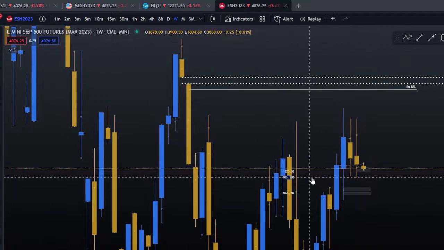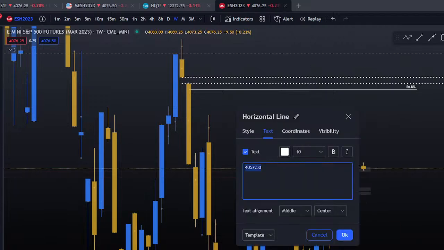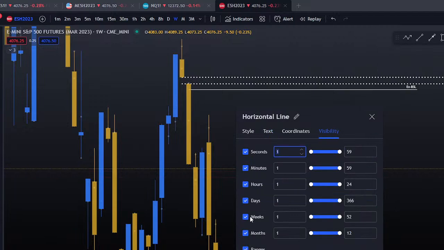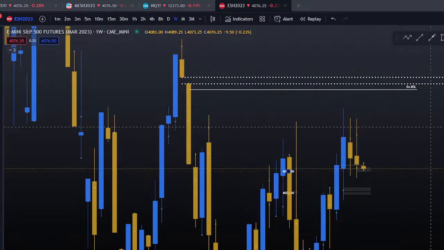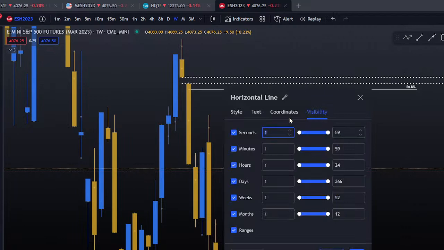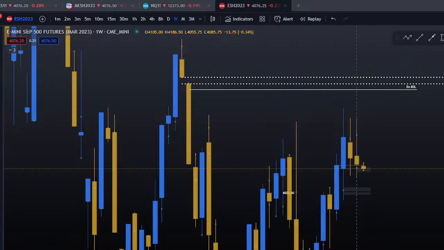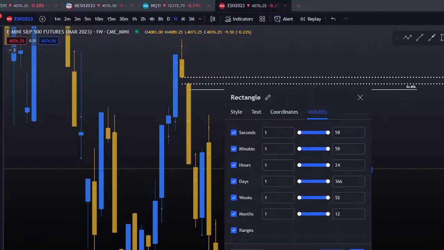I have to remember that some of these levels shouldn't be showing up on certain charts, so I have to get that off the weekly. I don't like to see that stuff when I come to the higher time frame, because it's really just for the lower action, for me to see on the lower charts.